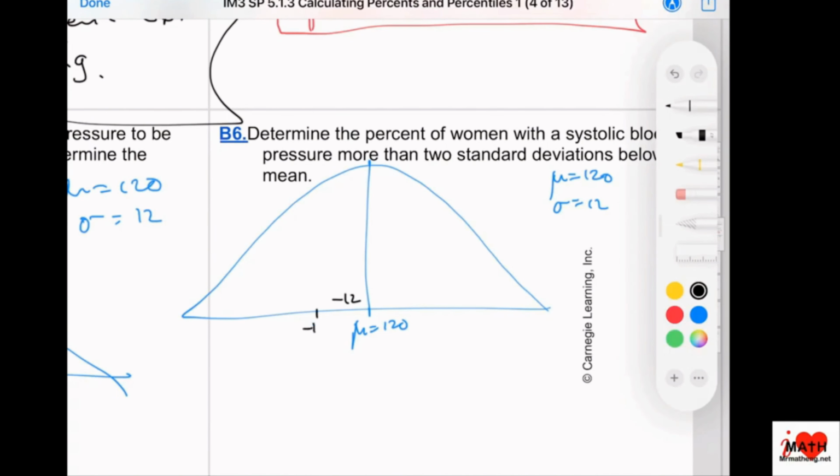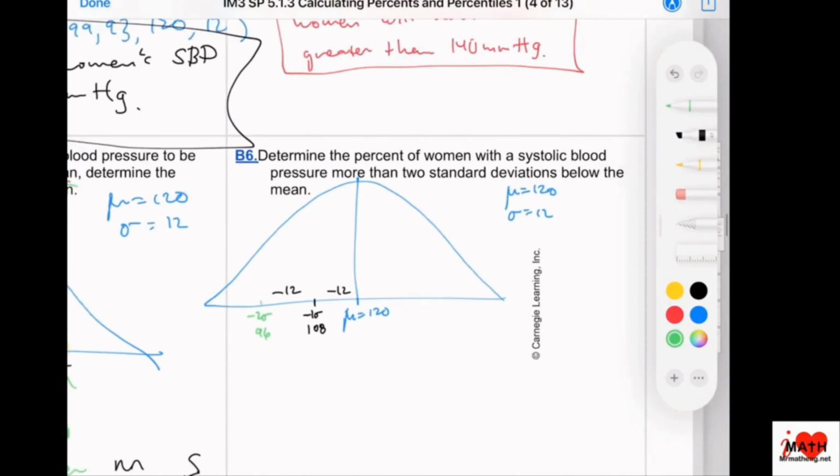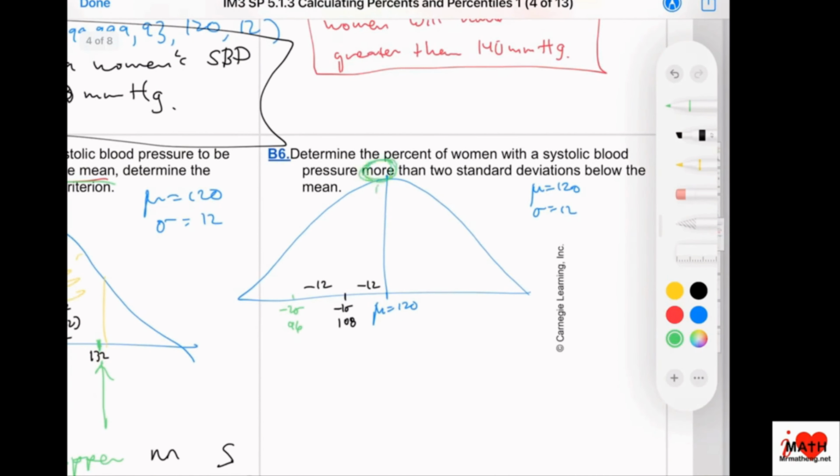One standard deviation is 108, and if you subtract 12 again you get 96. It wants more than, so that's going towards the right.